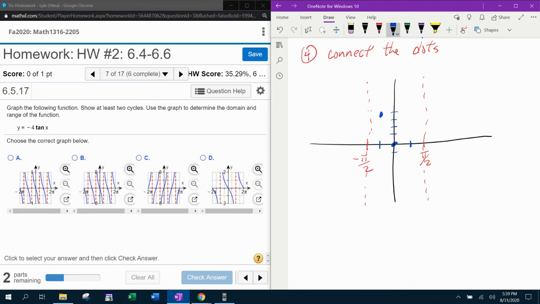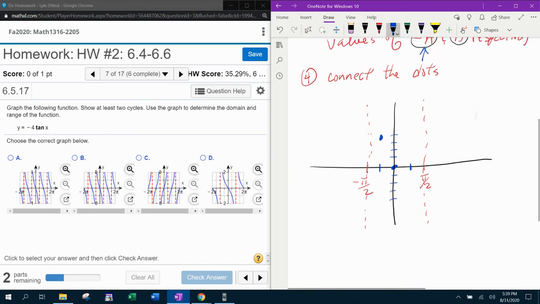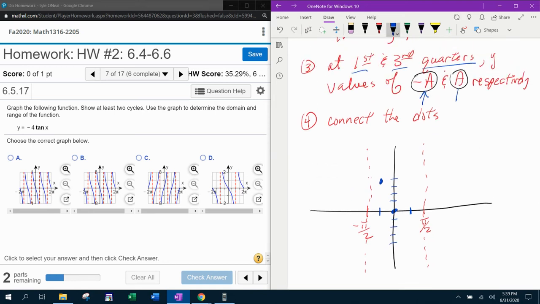And then at the third quarter, I'm going to be at a, which is negative 4. And now I've got 3 dots. I'm going to connect the dots. And so these asymptotes are where the graph is going to approach but never touch. And we're going to expect the graph to come in and do something like this, to squiggle like that.